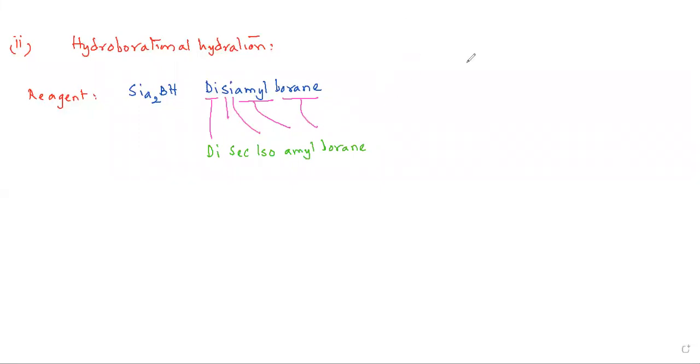Now this is the structure. See this. Di.